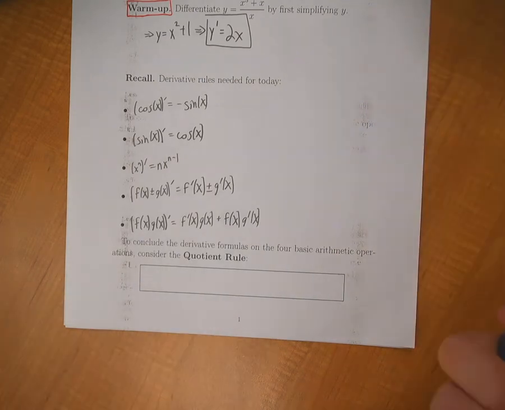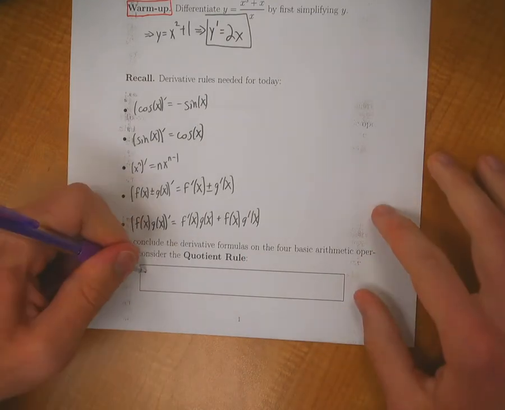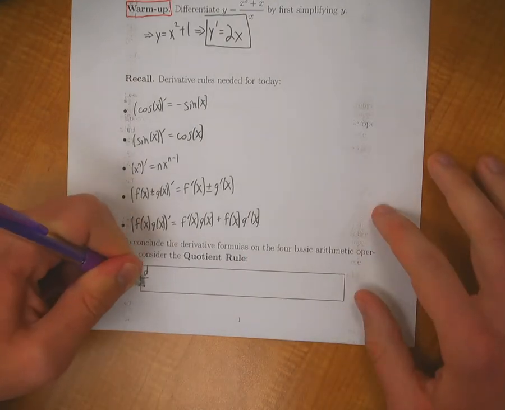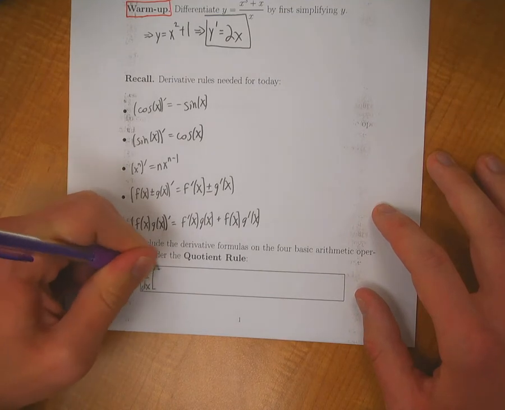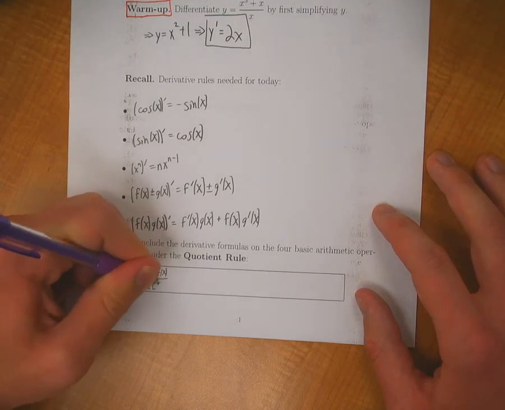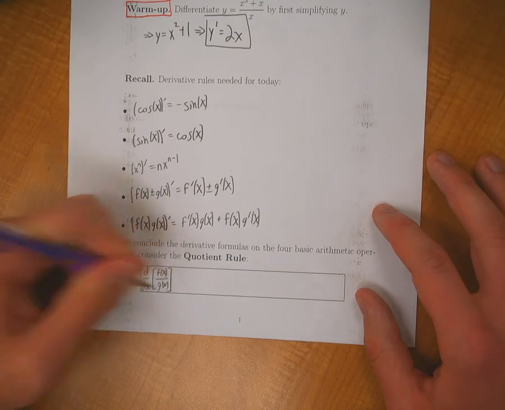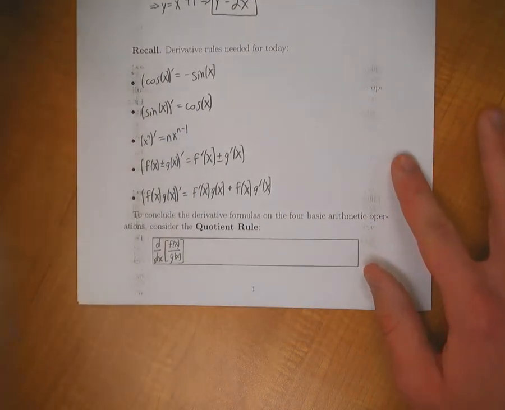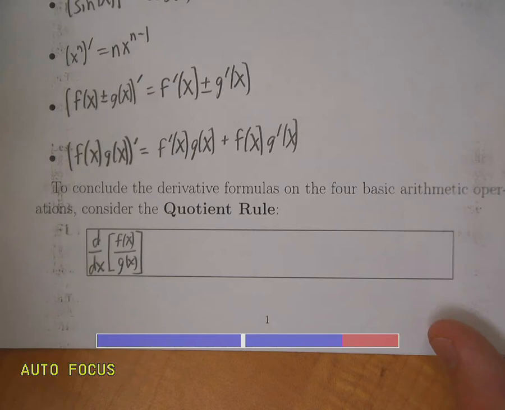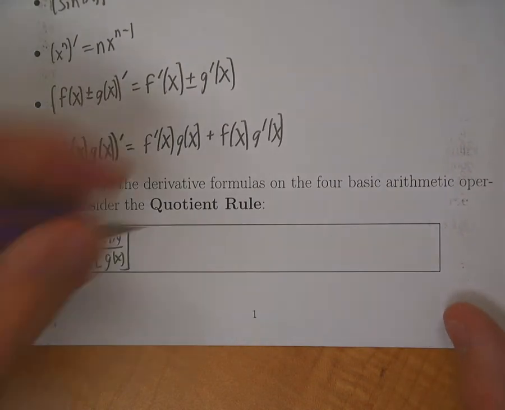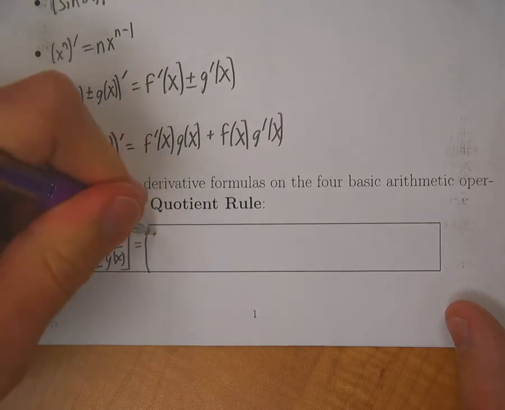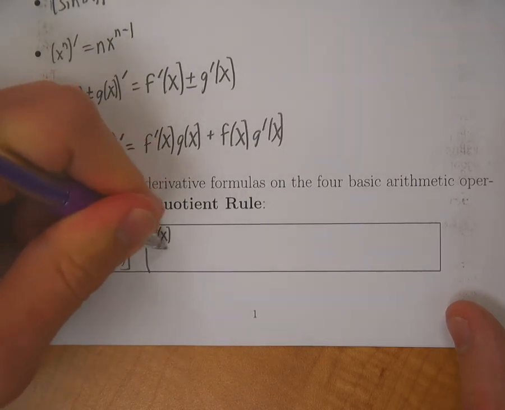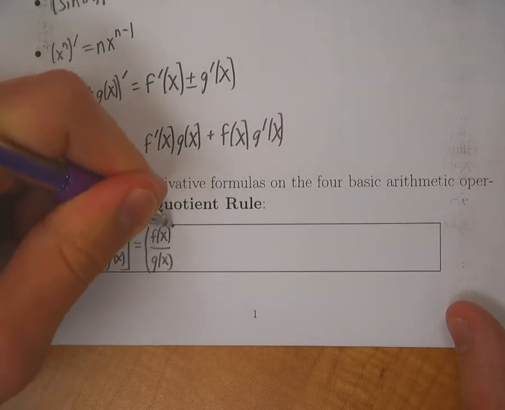To do that, that's where the quotient rule comes into play. So, d over dx of f of x divided by g of x. Let me zoom in on this a little bit because that's going to be hard to see otherwise. That's the derivative of f over g, or if you prefer, f of x over g of x, prime.